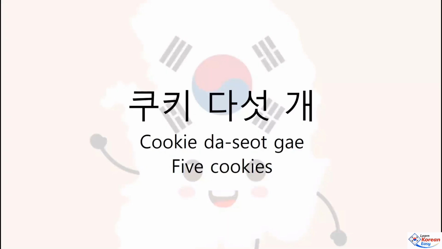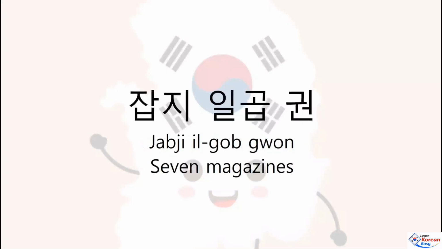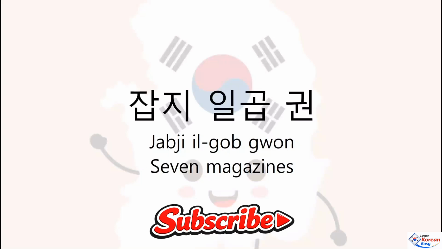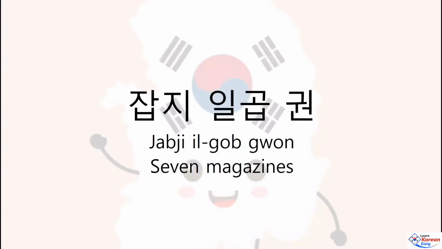For counting numbers. Oh, yeah, we did the magazines, right? 잡지 7권. So that's 7 magazines. Or 잡지 1권. 1 magazine.